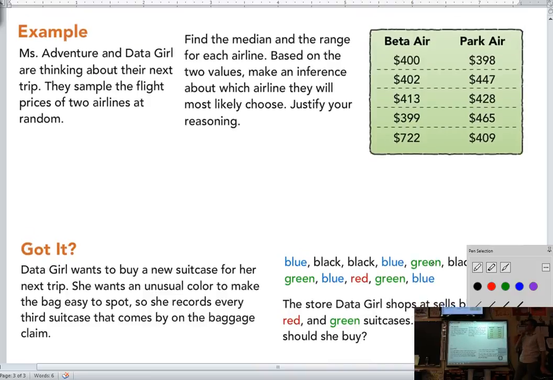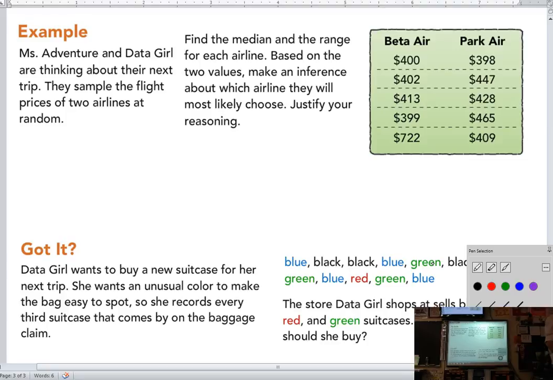We want to find the median and the range of each airline here. And we'll chat really quick about IQR, but you don't have to do that on here. So try this on your own. Try the median and the range. Be careful, because we have to have things ordered. So try this out.